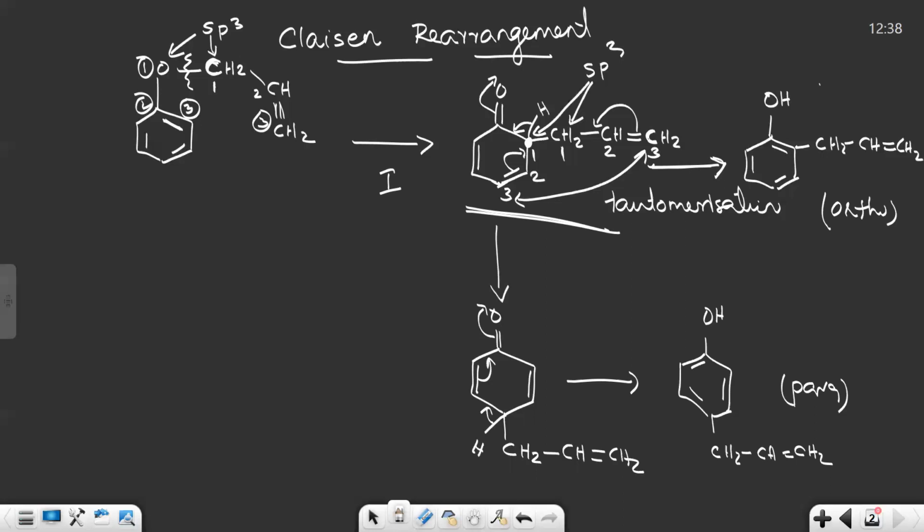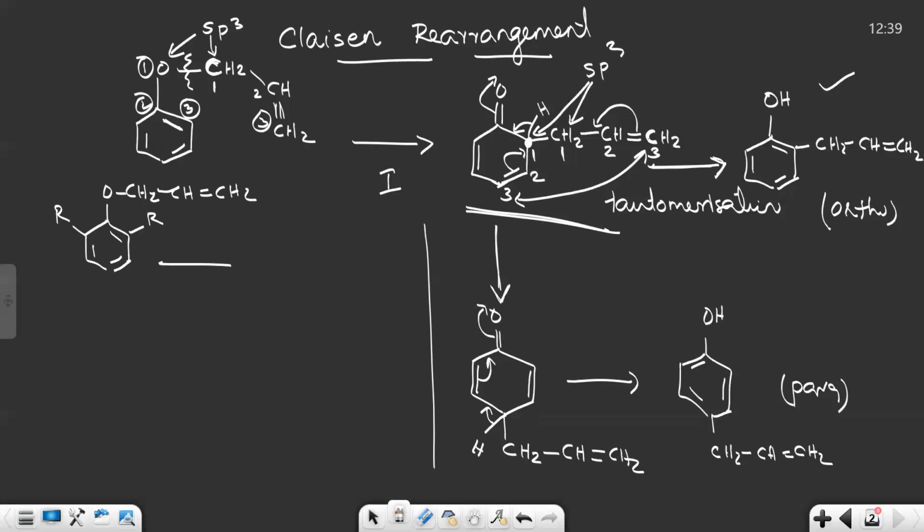But mostly this ortho product is formed in major quantity, since the second rearrangement takes place less, as the tautomerization takes place faster. But consider this compound. Here, both the ortho positions are blocked by R groups or alkyl groups.